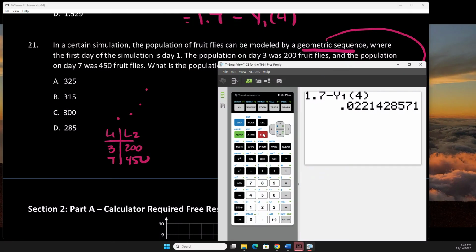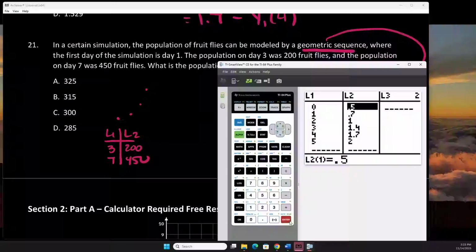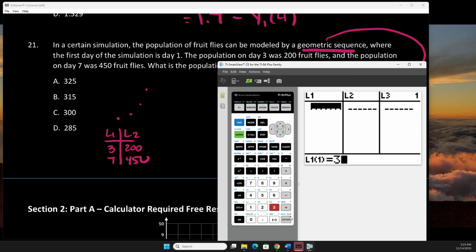So it's going to be stat edit again. We're going to clear out again, and then just put in our 2 data points.